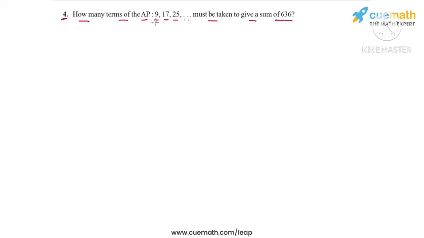For example, the sum of the first 2 terms will be 9 plus 17, which is 26. The sum of the first 3 terms will be 9 plus 17 plus 25, which will be higher, and so on. So if you take more and more terms of the AP, the sum will become higher and higher. And the question basically asks us to find how many terms should we take so that the sum becomes 636.